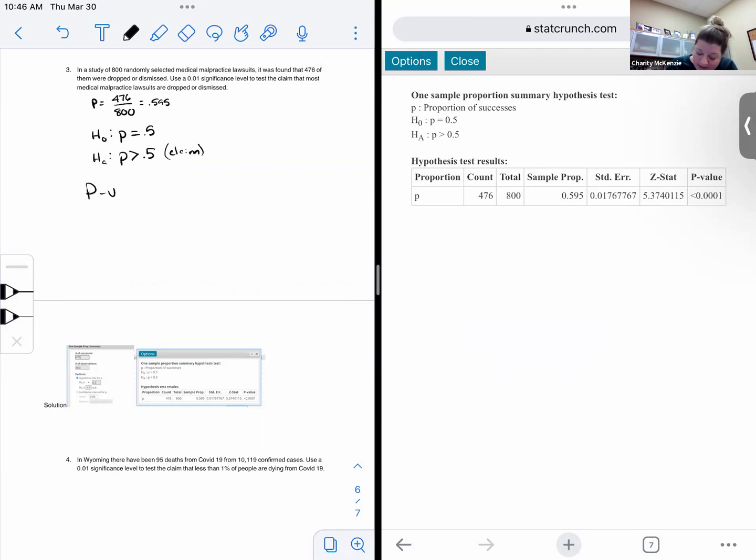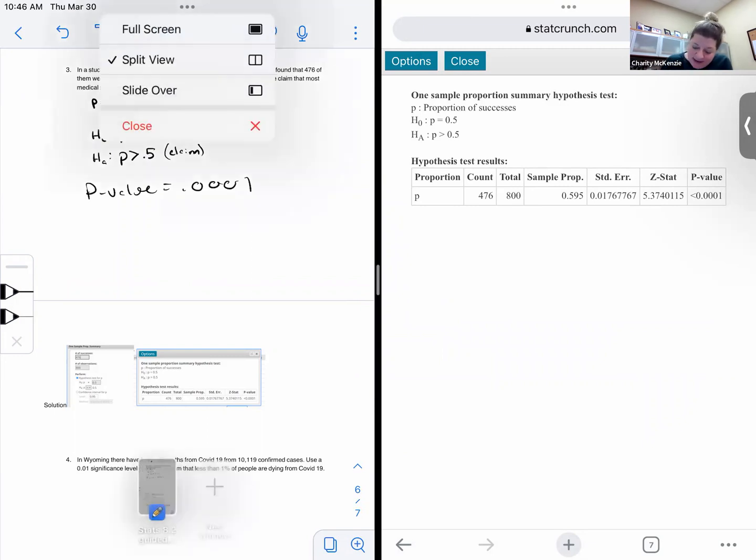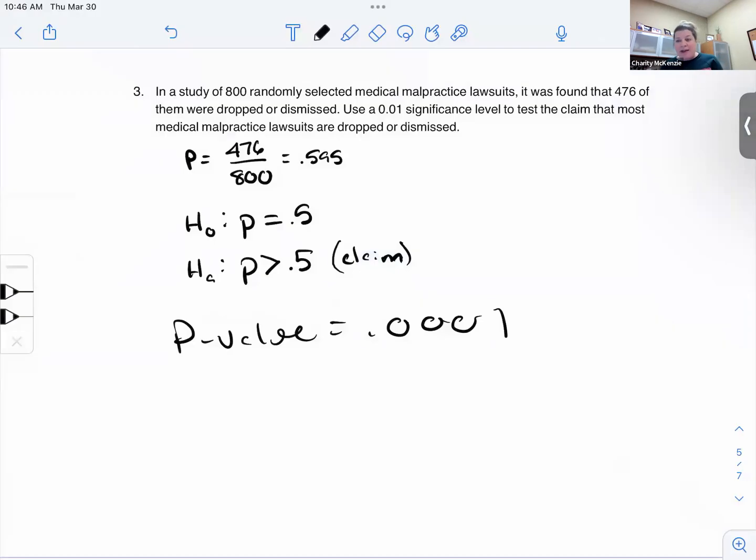So our p-value is 0.0001. That is so small. So is that p-value smaller than our super small level of 0.01? Yes, this is smaller than the 0.01. So yay.